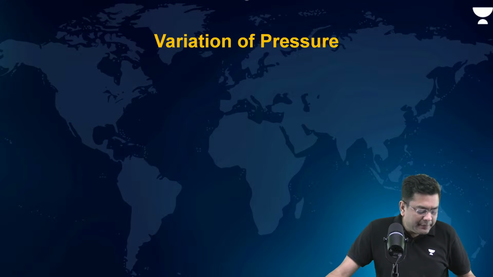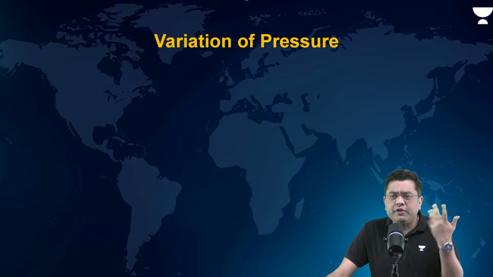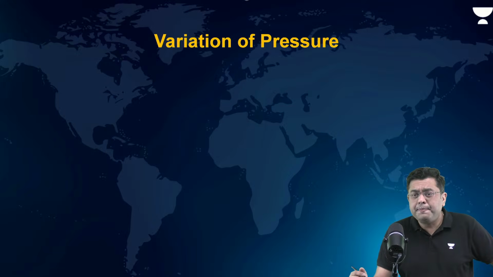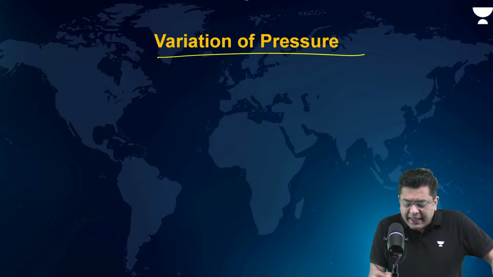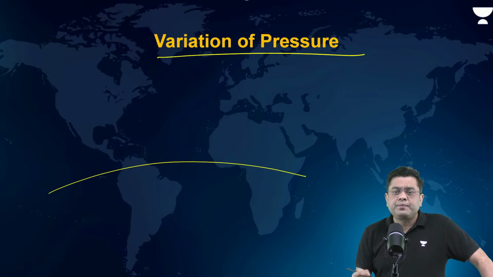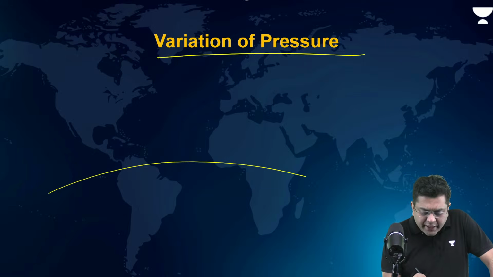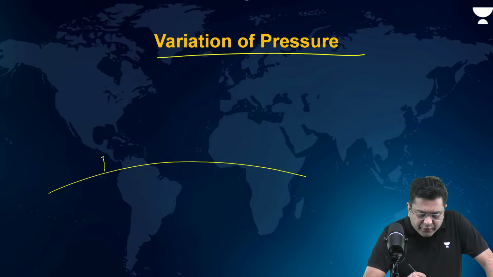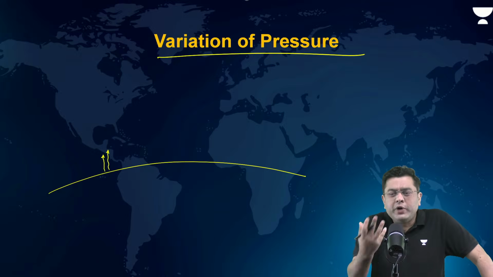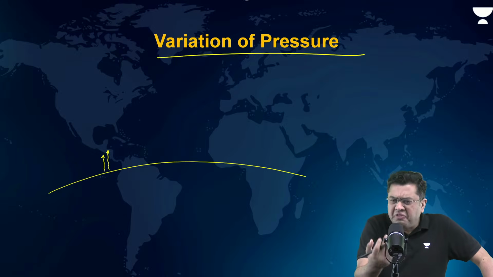Okay. Now, how does the pressure vary? And why does the pressure vary from one region to another? So, again, let's suppose I talk about the case of planet Earth. Now, in one particular area, if I have the air which starts to rise, okay, due to heating, due to wind movement, any factor can happen.